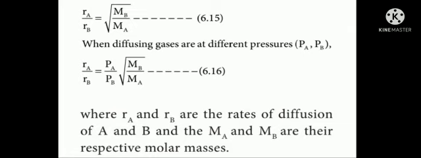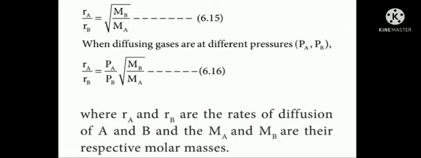When the diffusing gases are at different pressures PA and PB, it is given by Ra divided by Rb is equal to PA divided by PB into square root of Mb divided by Ma. It is given by equation 6.16.